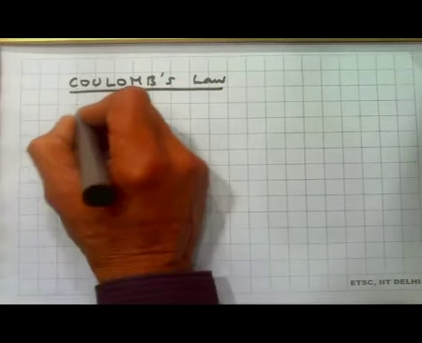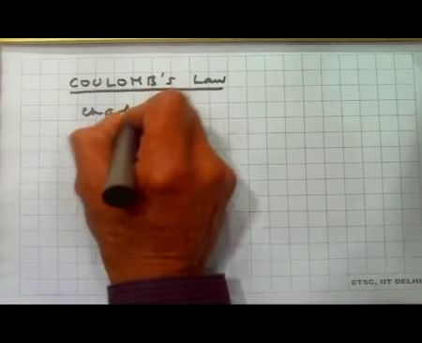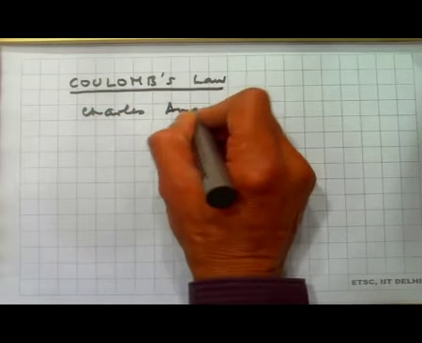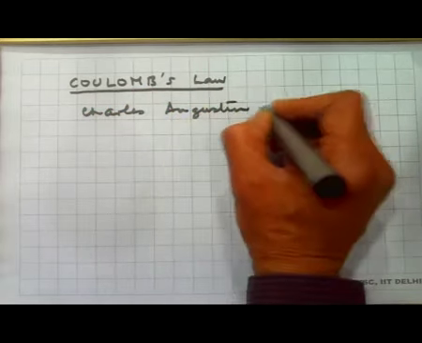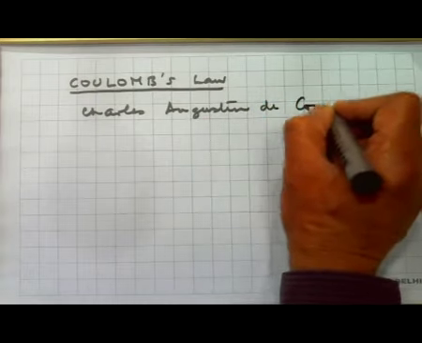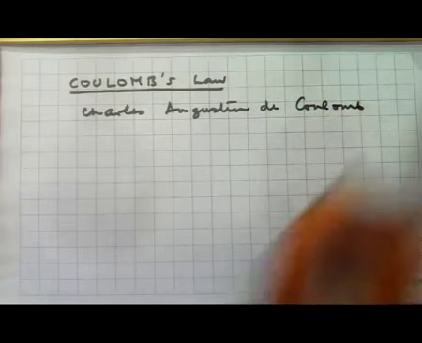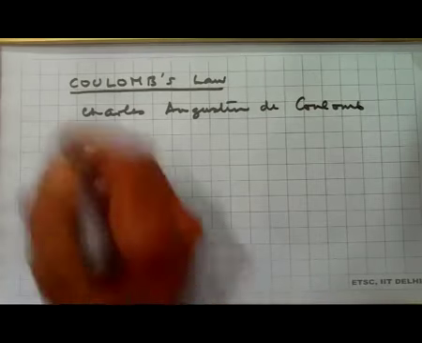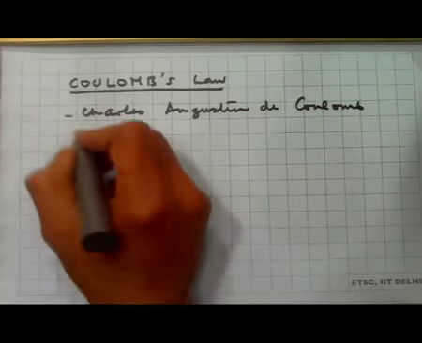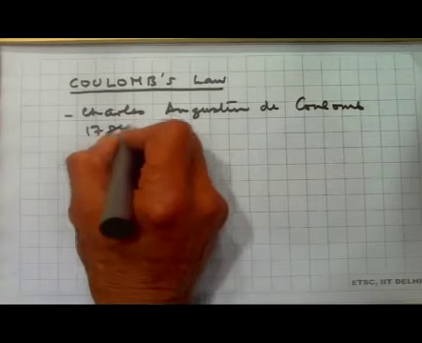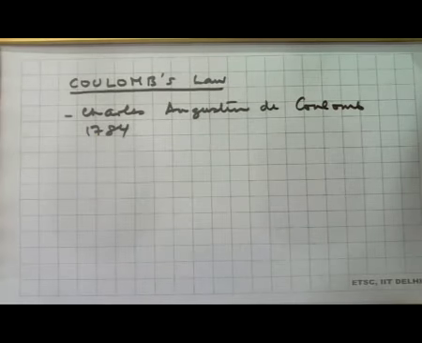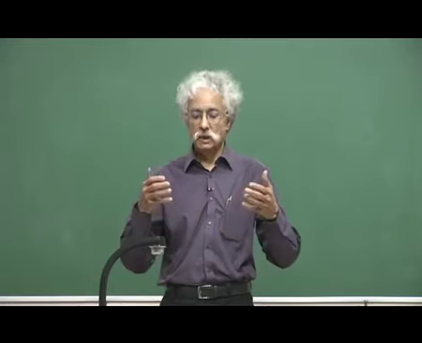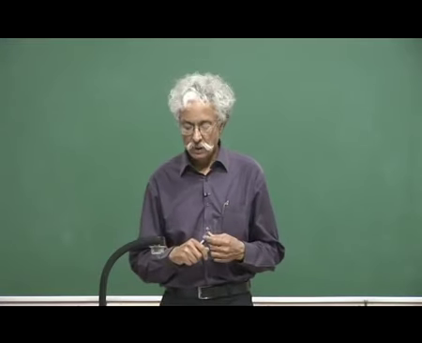There was a French scientist called Charles Augustin de Coulomb, who did a number of experiments in 1784 to find out how the forces between charges vary as a function of separation, and how the forces vary as a function of the magnitude of charges and so on.